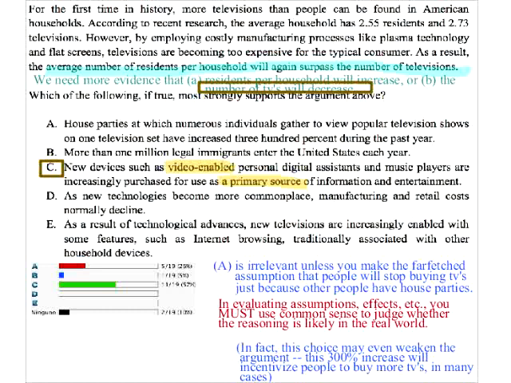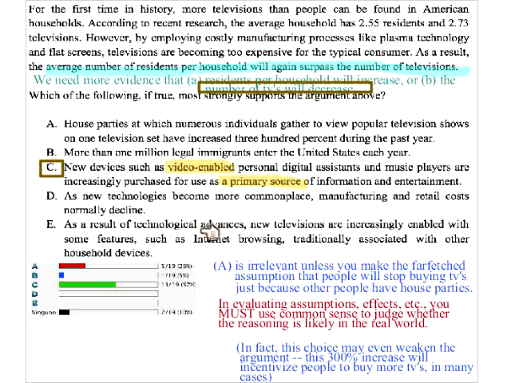Nobody picked D and E, so probably don't have to spend a lot of time on those. D is irrelevant because we only care about the case of televisions. Even if the trend is general, then we don't care. And E is also irrelevant because the argument is just about whether people buy televisions or not.